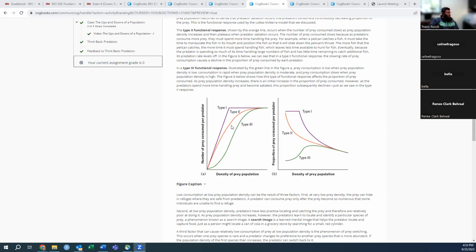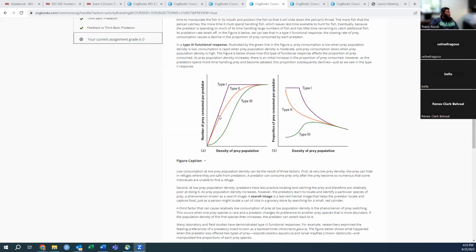It's not as sharp as type 1. Yeah, right. As the density of the prey population increases, the number consumed also increases, but then it kind of tapers off.